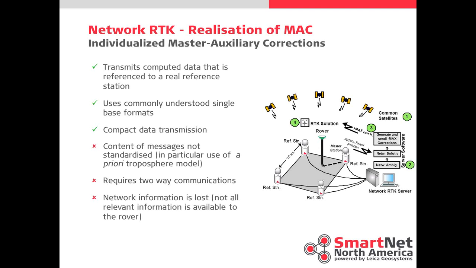Of course, this is very important when we start talking about how 3D quality and HRMS and VRMS values are calculated on the rover. They are predicated on baseline length. So if I have a long baseline, my rover is going to reflect a more realistic 3D quality or HRMS or VRMS value compared to a VRS solution, which is going to be based on a 2 or 3 meter, 200 meter baseline.